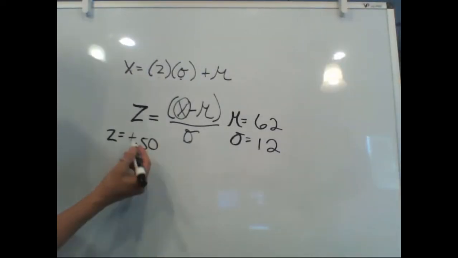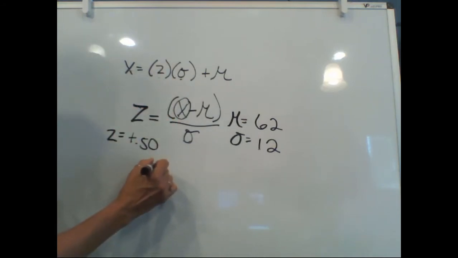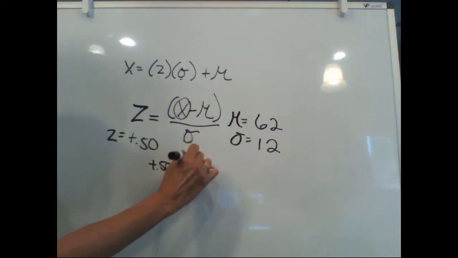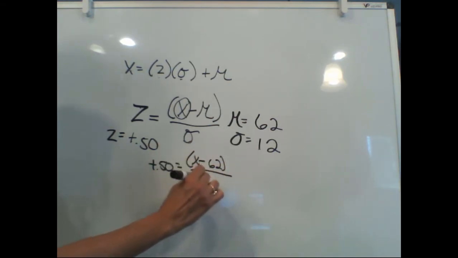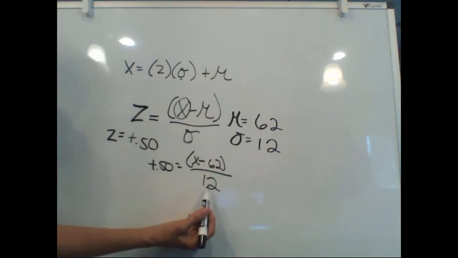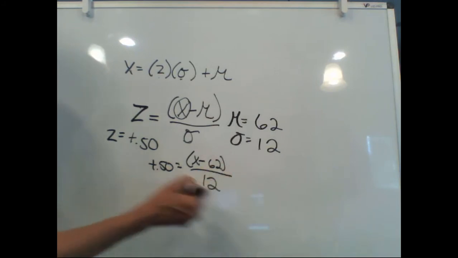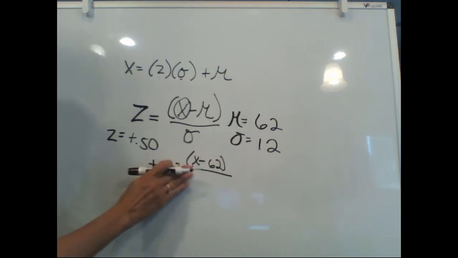In our third example, we have a z of positive 0.50. So let's plug everything in. Z is on the side, positive 0.50 is equal to whatever x we're looking for, minus 62, divided by 12. Okay, so we have to get the 12 off this side, so we're going to multiply this side by 12 to get rid of it.